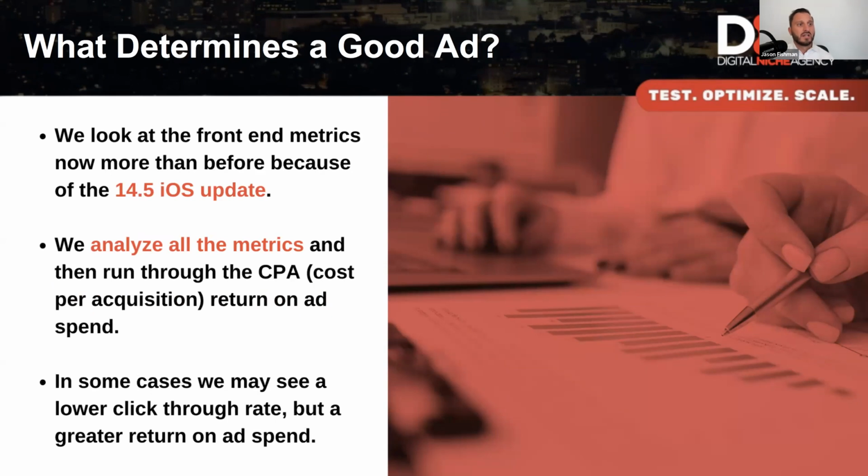For others, it's easier. We look at the front end metrics now more than ever because of the iOS 14.5 and later updates. We look at all the metrics and analyze all the way through. So total sales, total investments, not just what we can track directly from the advertising pixel. Why?